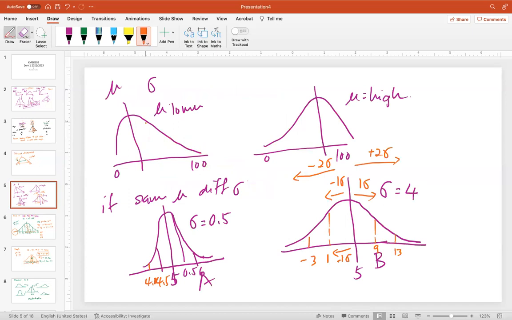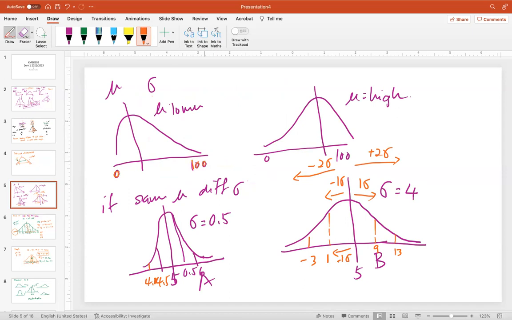Like I mentioned, there are two things that are important for normal distribution, which are the mean and standard deviation. Let's say your y-axis is from 0 to 100.